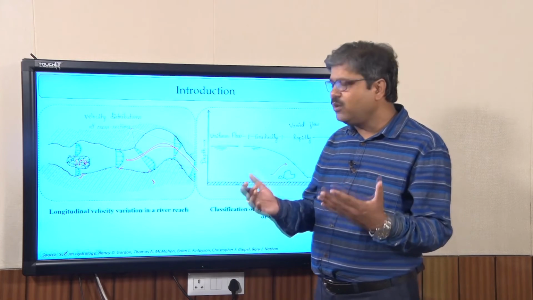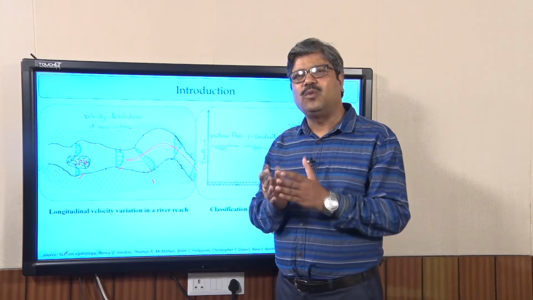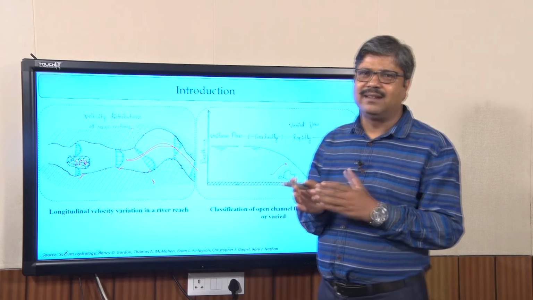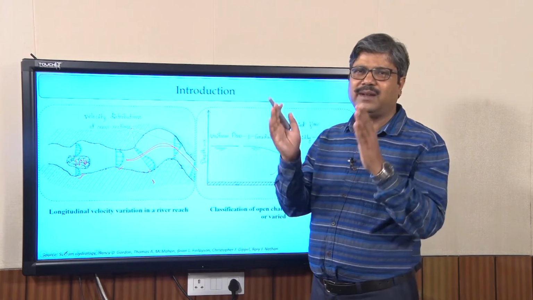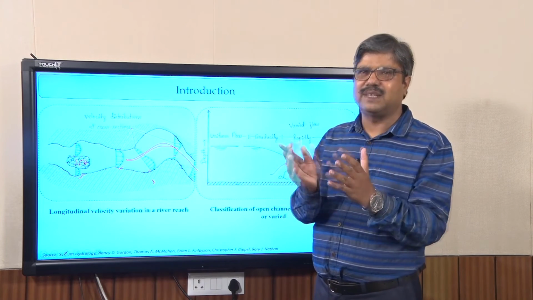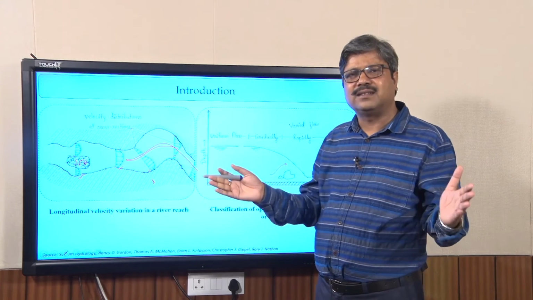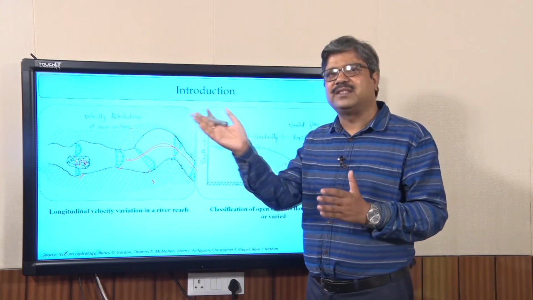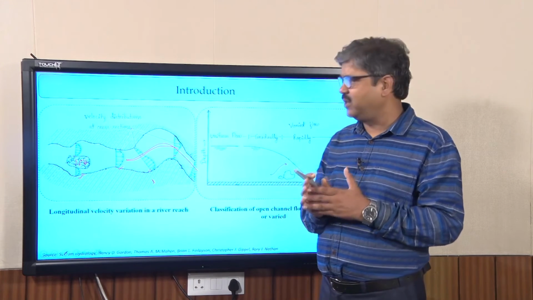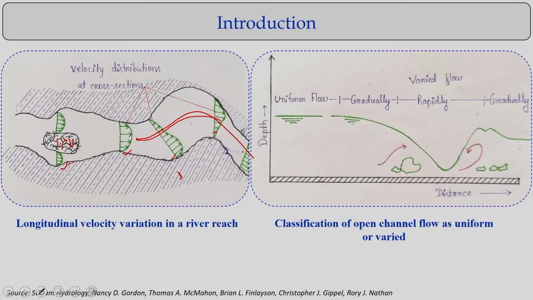So, if you look at this, a river is not a simple channel like a canal with a constant slope, a man-made channel. It is a natural channel. Because of expansion, contractions, river curvatures or river meandering formations, that is the reason the measured velocity distributions indicate a very complex process happening.